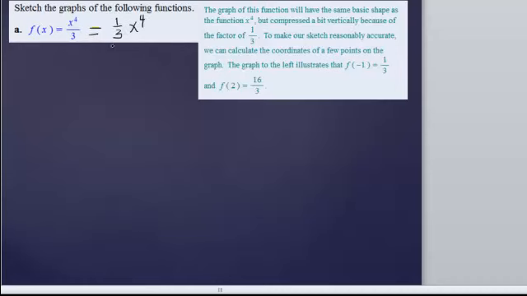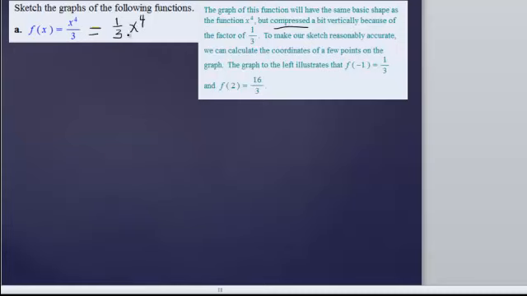If this is between 0 and 1, it's going to stretch it horizontally, or it's going to compress it. So it's actually going to make it short and fat. So it's just like that x to the 4th function, except it's going to be a little bit wider because it's getting compressed.